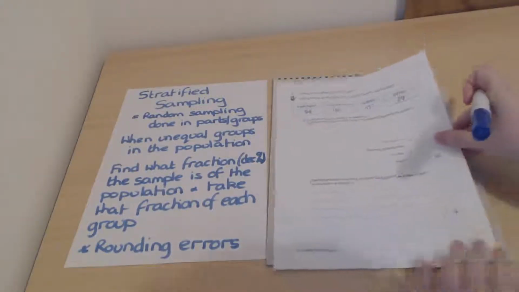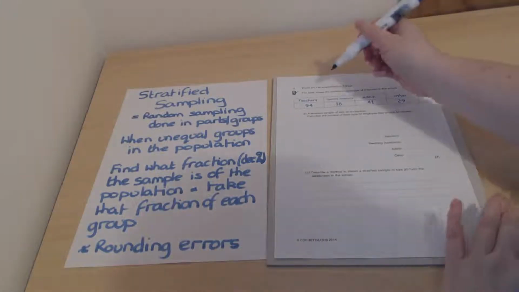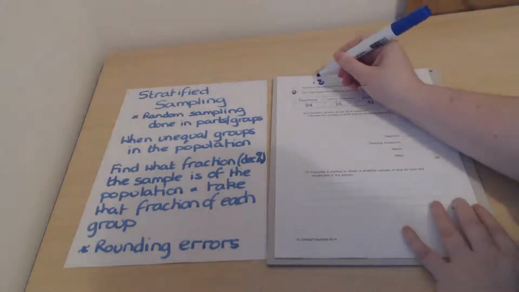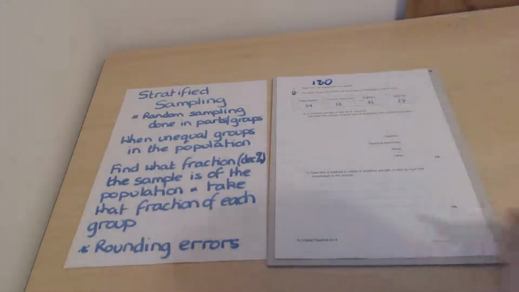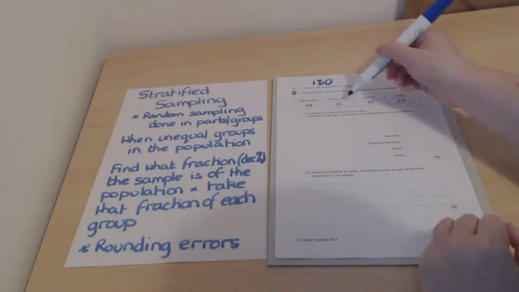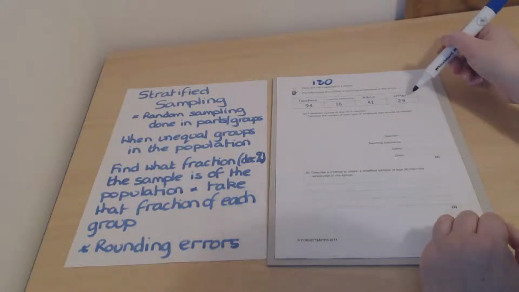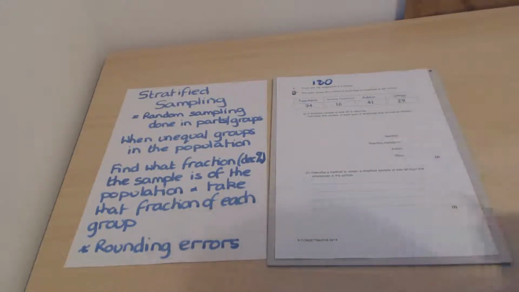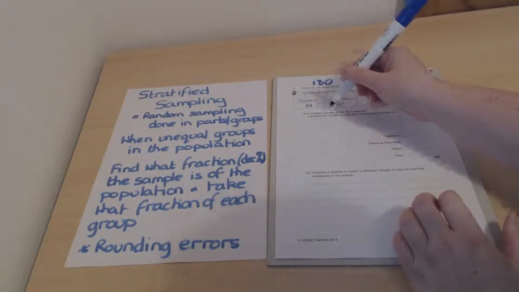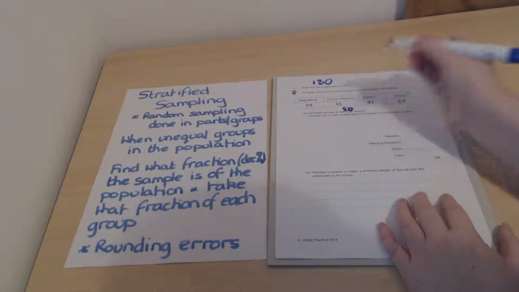So here we have an example. This one is based on 180 employees in a school. It tells us that there are 94 teachers, 16 teaching assistants, 41 admin, and other 29. And then it asks us to work out a stratified sample of size 50.